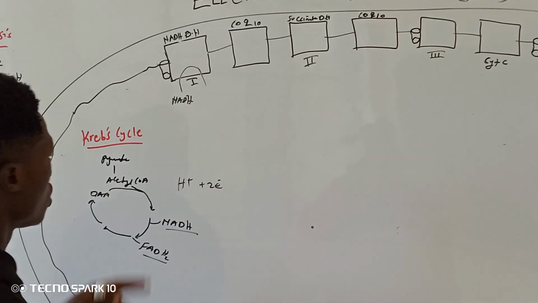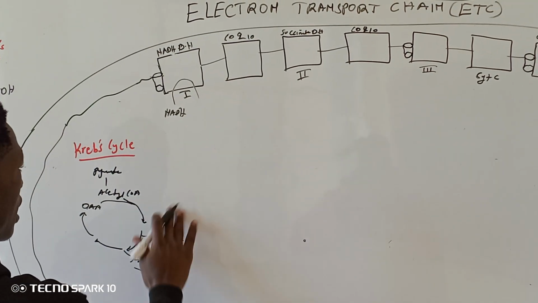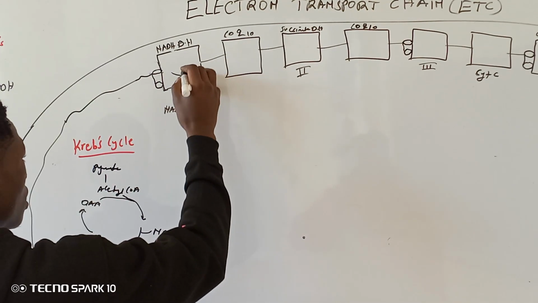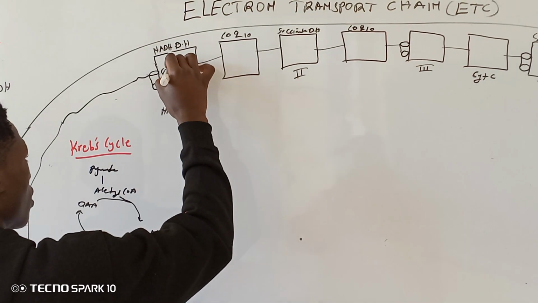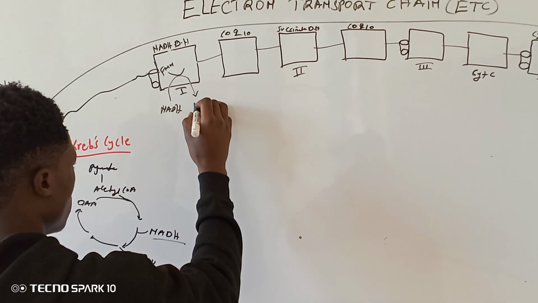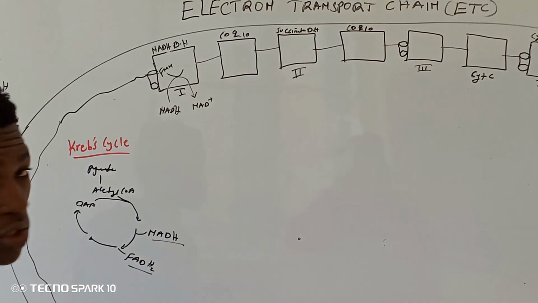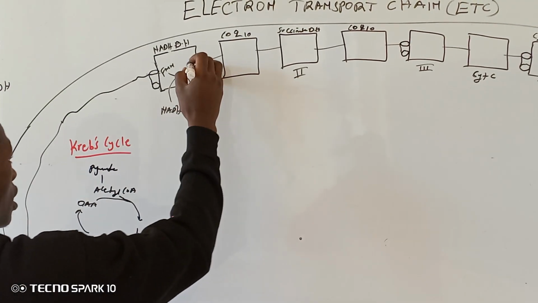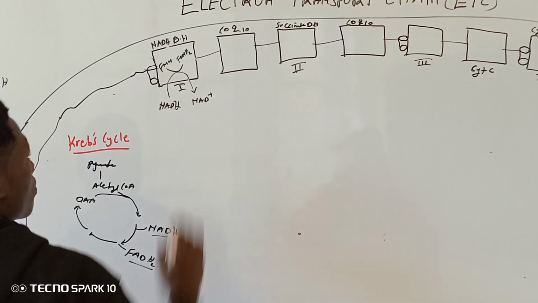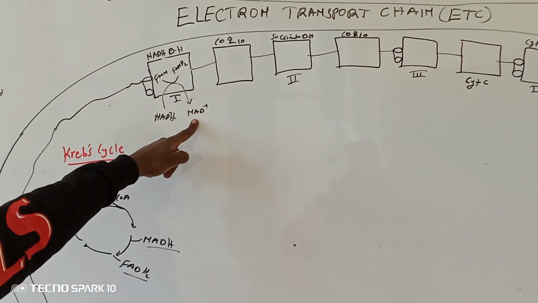So it's going to deliver the electrons inside complex 1, and the electrons are going to be taken up by a molecule called flavin mononucleotide, forming flavin mononucleotide with the electrons, FMNH2. Then NADH is oxidized to NAD+.